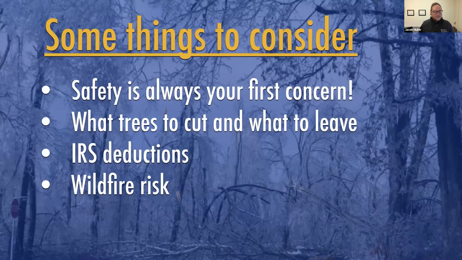I'm not terribly concerned about wildfire after these tornadoes, but it's always something that we should consider, and consider whether we should be reducing some of that fuel as part of our management.